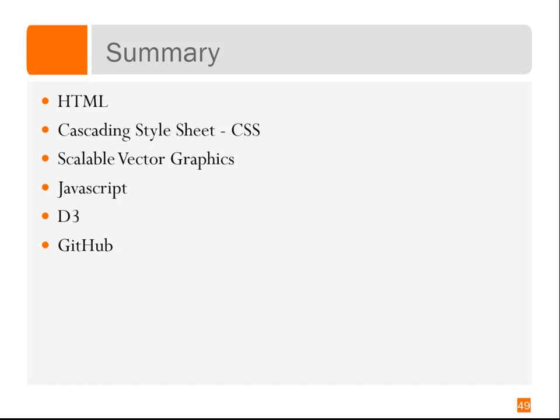And then finally, we use GitHub to save our code, our HTML page, our code, that data loading, as well as the data set. This concludes the lecture on web-based visualization.